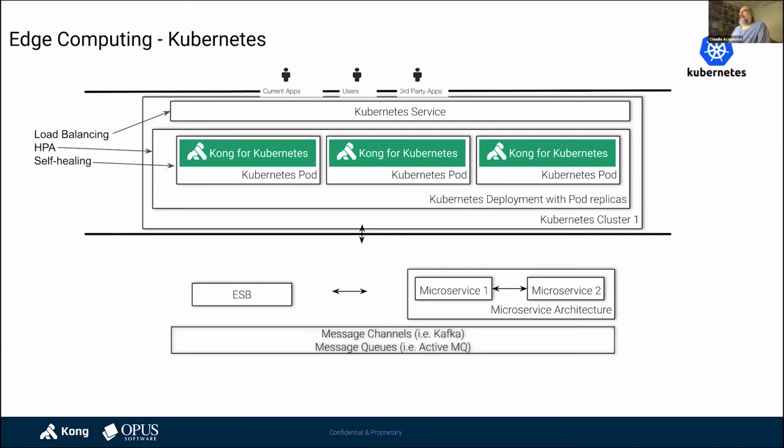And then another very, very important capability provided by Kubernetes is HPA, or horizontal pod autoscaler. So the number of pods might vary over time, depending on the traffic that is coming in.